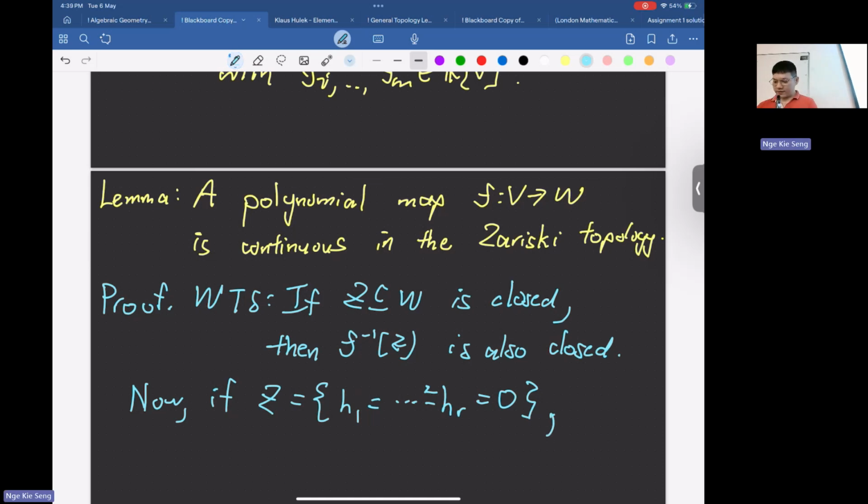Then what's the inverse image? What do you think? What's the inverse image of Z here? If you want to demonstrate it as a closed set, you want to write it as an algebraic set. So what equation does it have to satisfy here? What do you think?